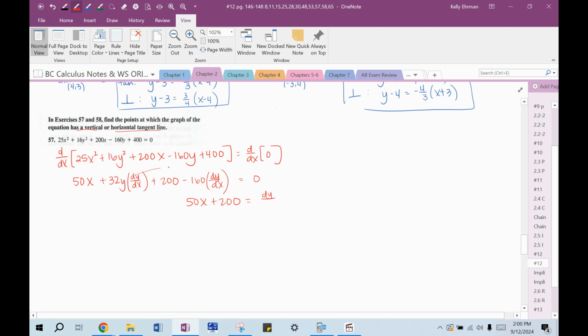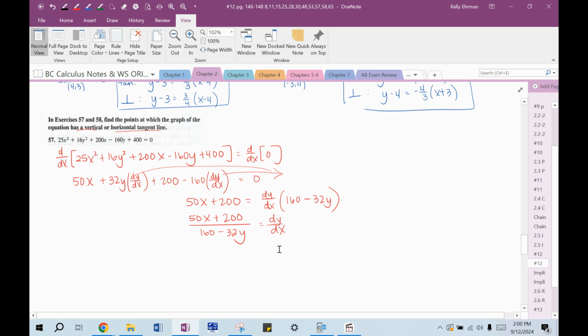I'm moving the dy dx's over to this side. So when I factor out dy dx, it's going to be positive 160 minus 32y. Again, you don't have to worry about all that. That's how I want to show my work. So here is our dy dx equation.